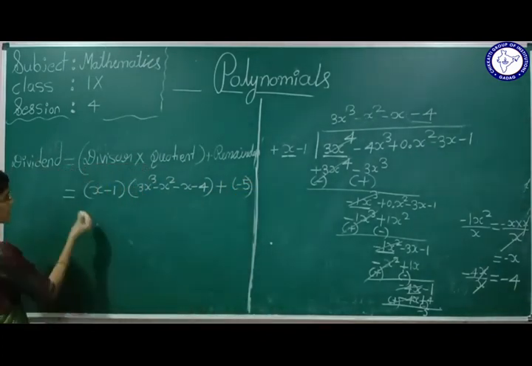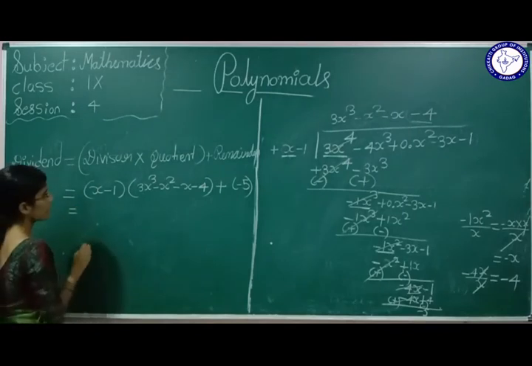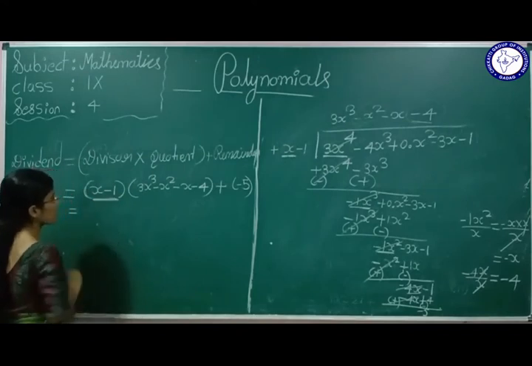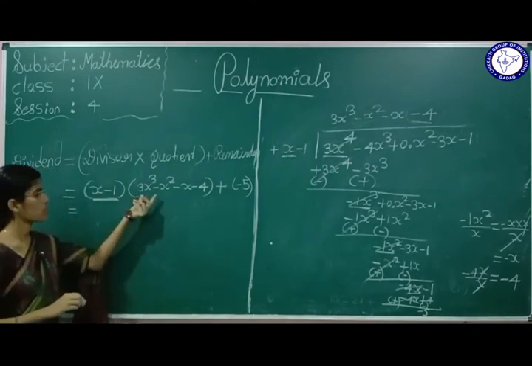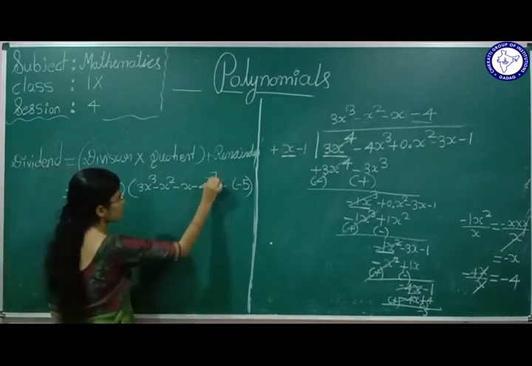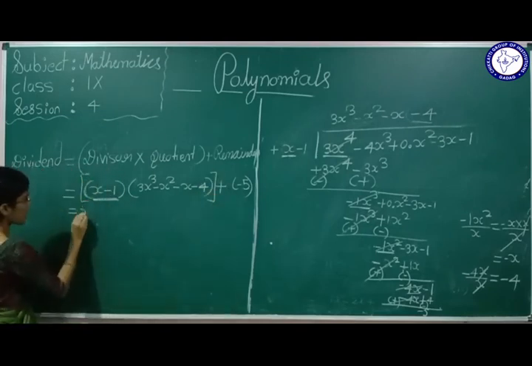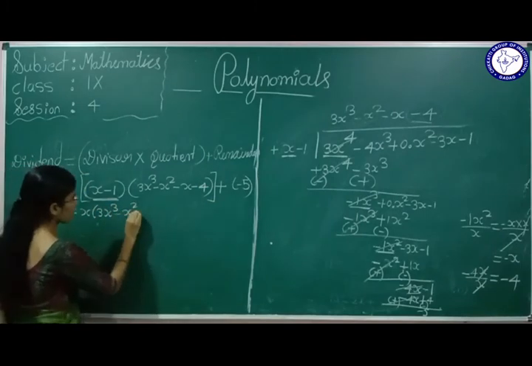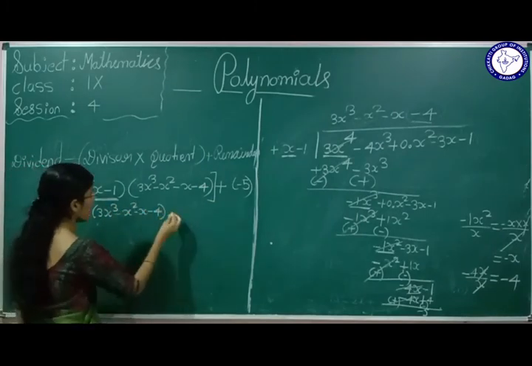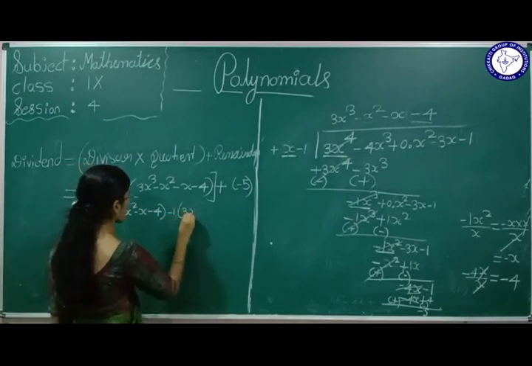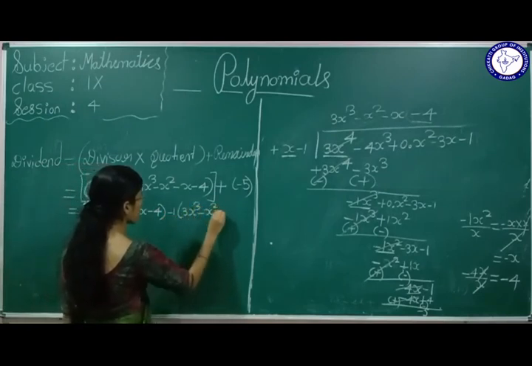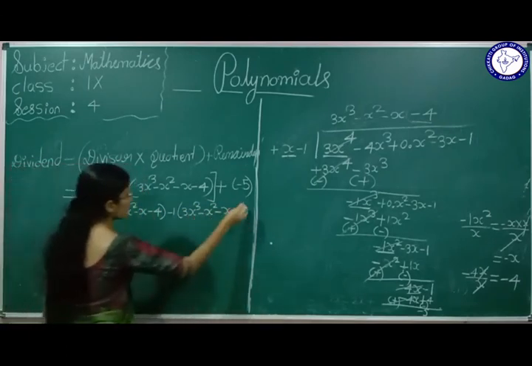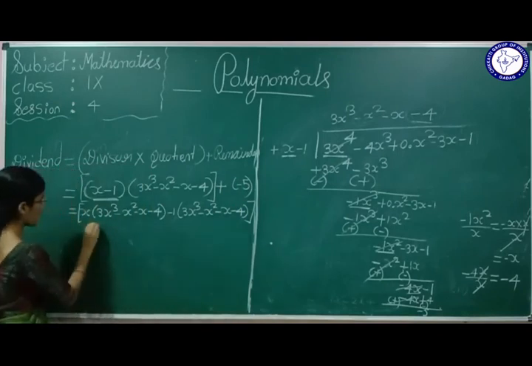Now we will check this. Okay. Now you know how to multiply this x minus 1 with 3x cube minus x square minus x minus 4. Now see, x multiplied by 3x cube minus x square minus x minus 4, minus 1 of 3x cube minus x square minus x minus 4, okay, plus minus 5.